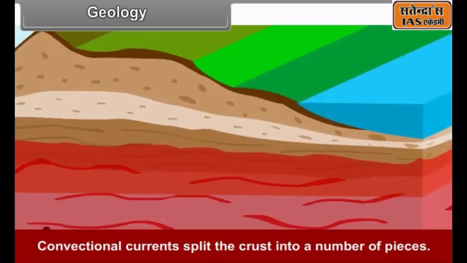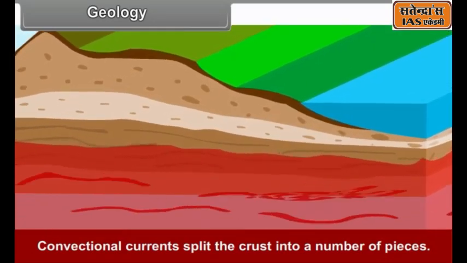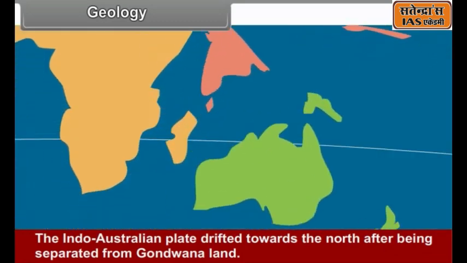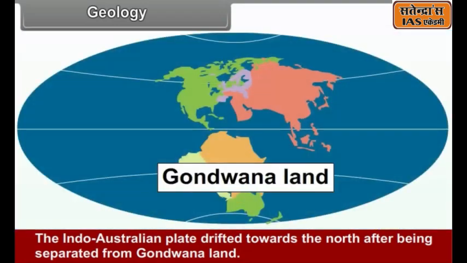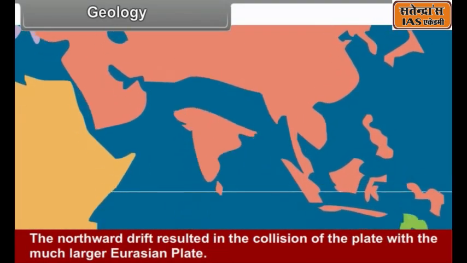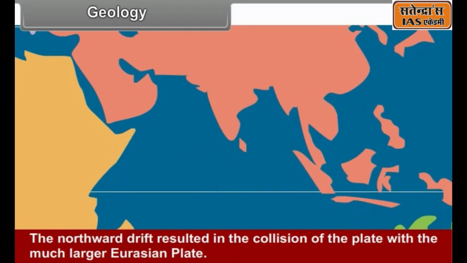Convectional currents split the crust into a number of pieces. The Indo-Australian plate drifted towards the north after being separated from Gondwanaland. The northward drift resulted in the collision of the plate with the much larger Eurasian plate.